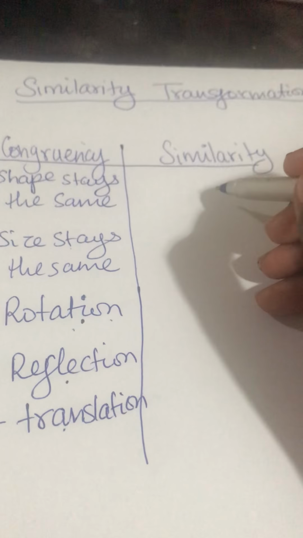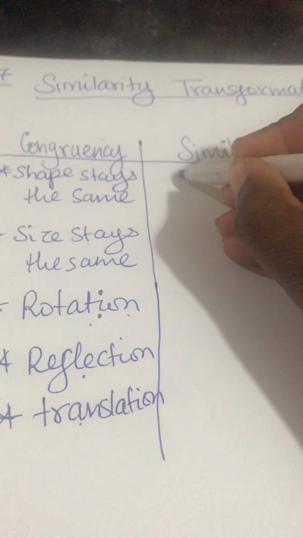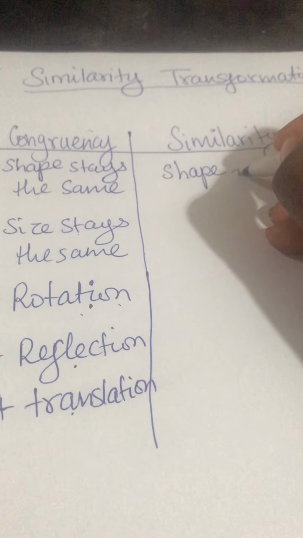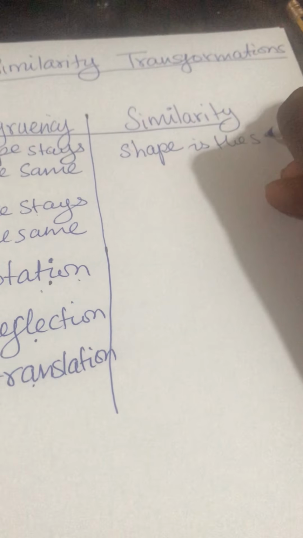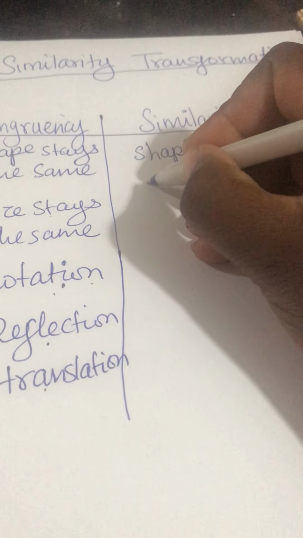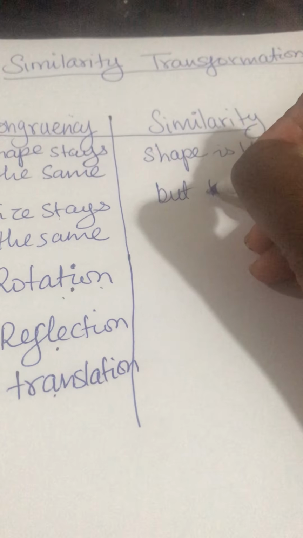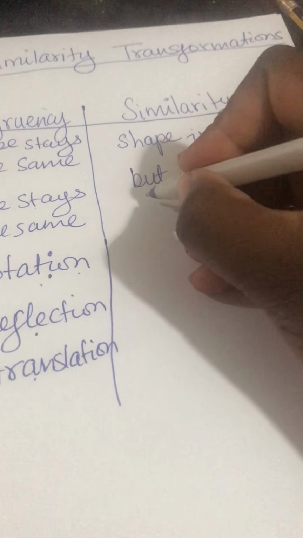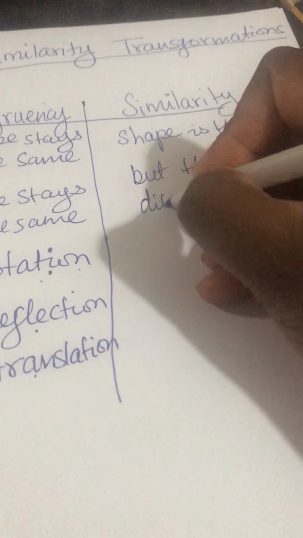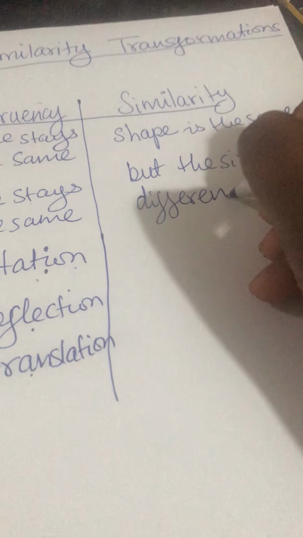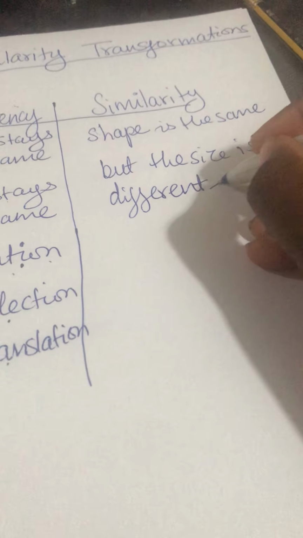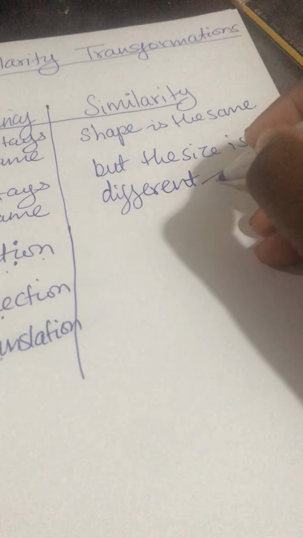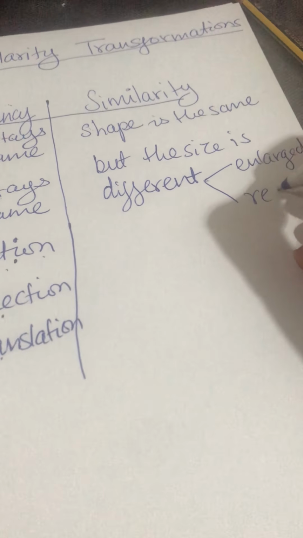Now, in similarity, the shape is the same, but the size is different. And different how? It is either enlarged or reduced.